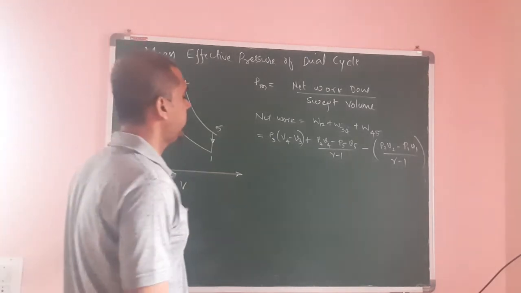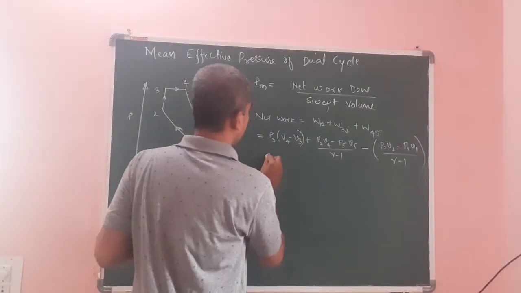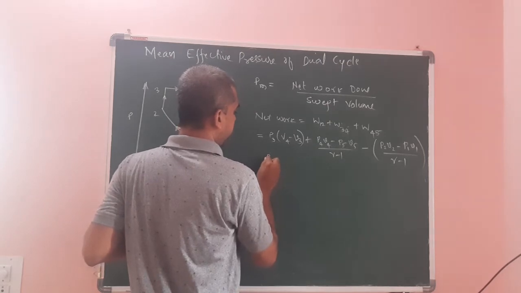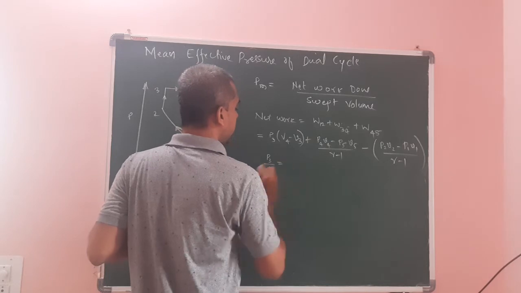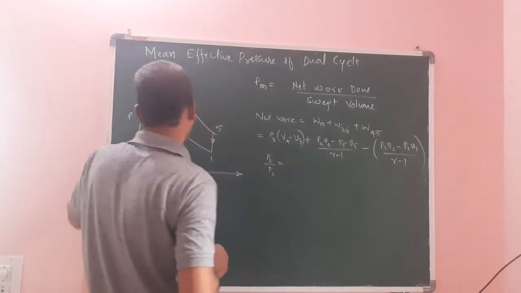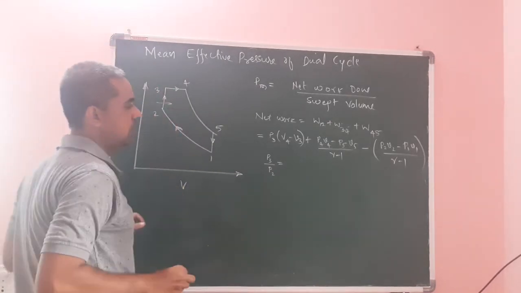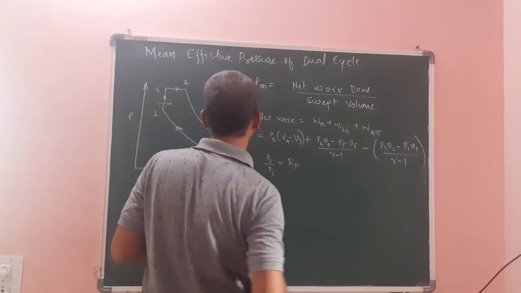We know that P3 by P2 is the pressure after heat addition to before heat addition. Let us call this the pressure ratio RP.